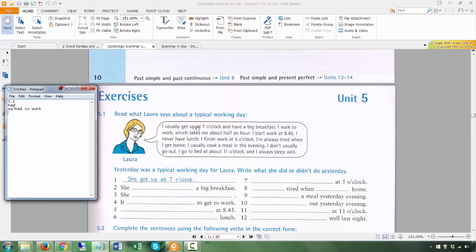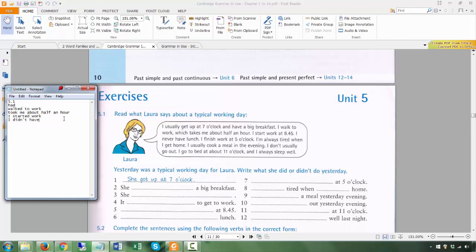This is all in the past simple. This is something that happens regularly, but now yesterday we want to put it in the past simple. It took me about half an hour. Okay, number 5, I started work at 8:45. Number 6, I didn't have lunch.